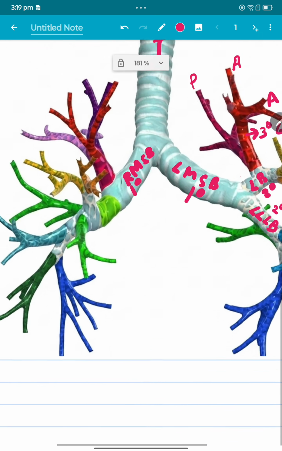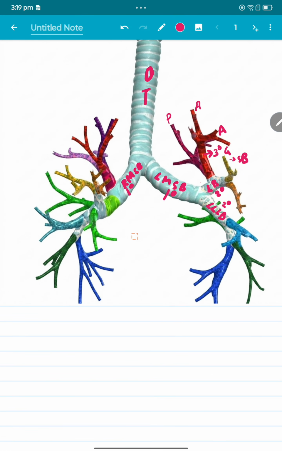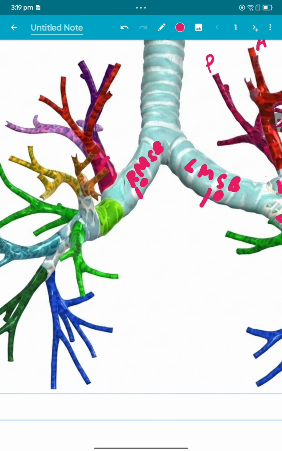Similarly, on this side we have the right upper lobe bronchus, the middle lobe bronchus, and the lower lobe bronchus. These are second generation bronchi, and then the segmental bronchi: posterior, apical or superior, and anterior.